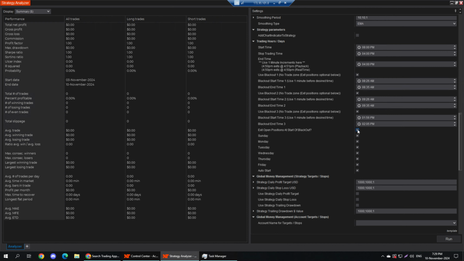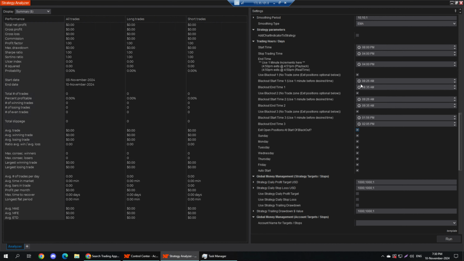If you don't tick this box, then it will still not trade during these times, but whatever positions are open will continue running. Sometimes the market can really jump extremely fast, and it could create huge gaps in the market, and that could completely jump over stops and targets. So it's good to exit the positions when you are expecting huge news announcements at specific times.